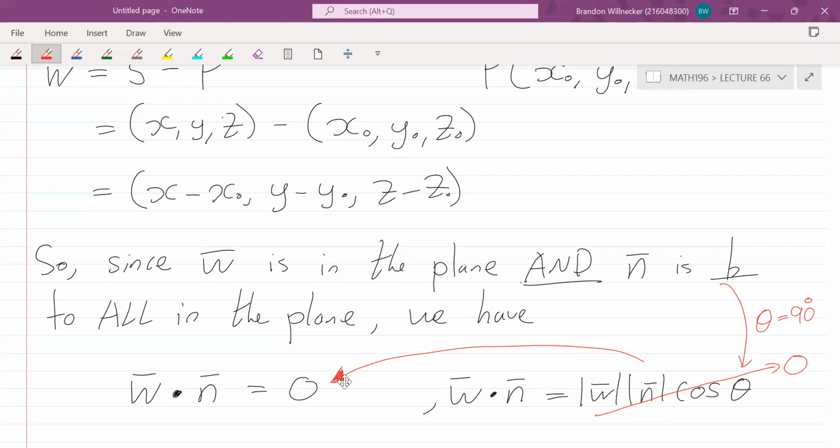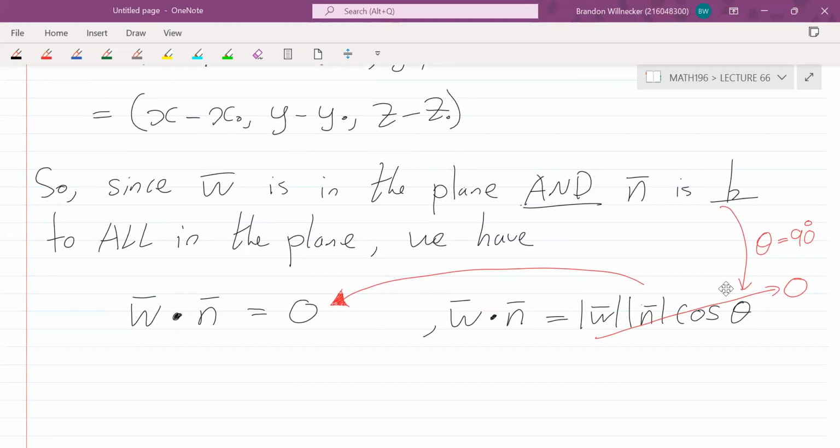Okay. Now, let's fill in the values and see if we can find the full equation of the plane. So w, remember what that was? That was x minus x naught, y minus y naught, z minus z naught. Okay, dot product with the normal, let's just say that is a, b, c.